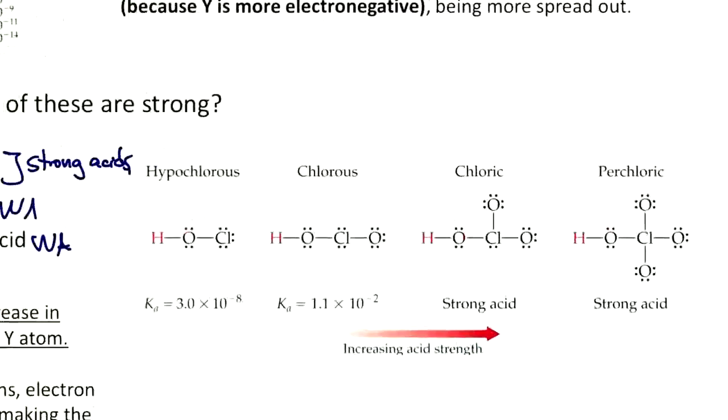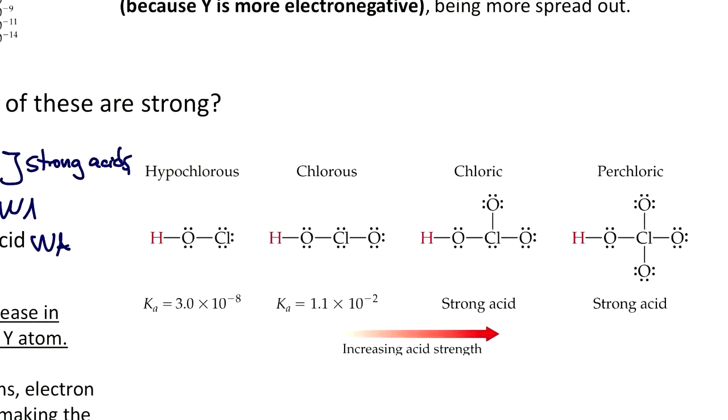So here you see, hypochlorous acid has only one oxygen to stabilize that negative charge. That's not very good. Here, chlorous acid, now you have two oxygens to spread around that negative charge. That's more stable, but still a weak acid. But once we get to three oxygens that you can spread that negative charge around, what does that sound like? Resonance.